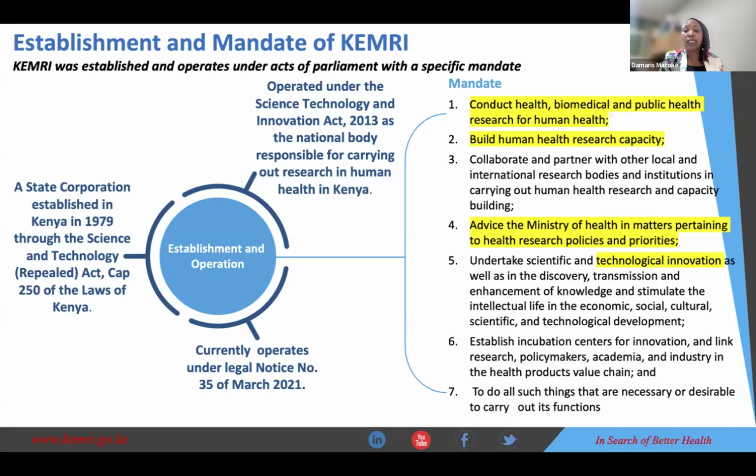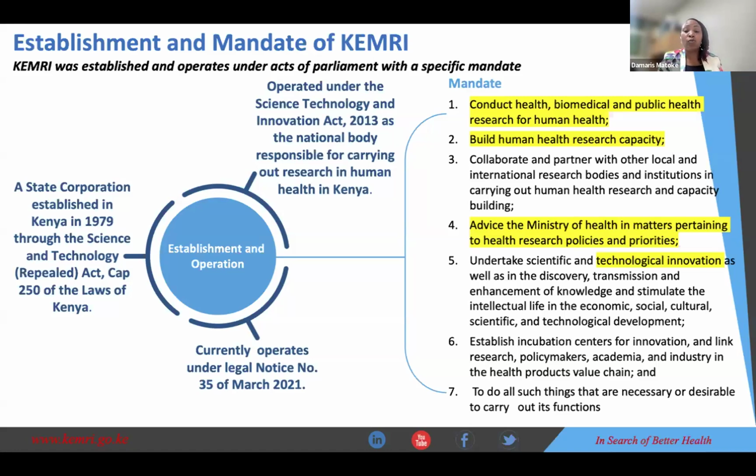And fifth, to undertake scientific and technological innovations, as well as to undertake discovery, transmission and enhancement of knowledge and stimulate intellectual life in economic, social, cultural, scientific and technological development.